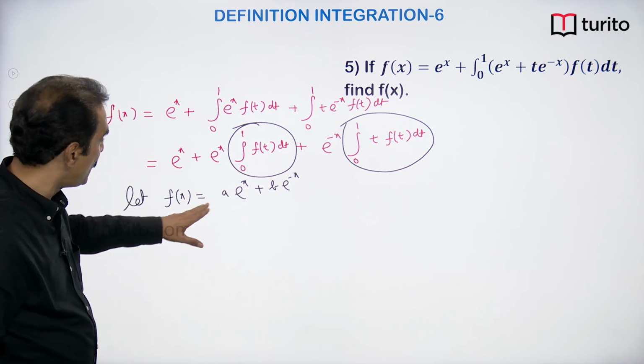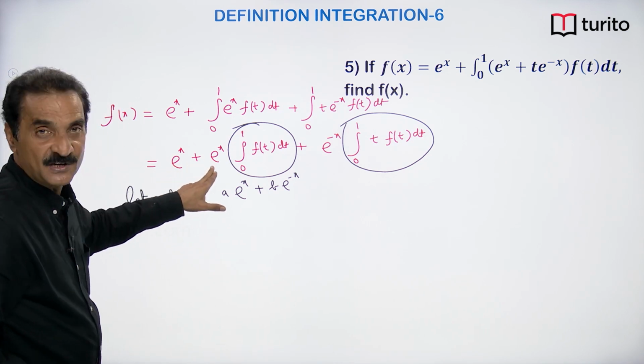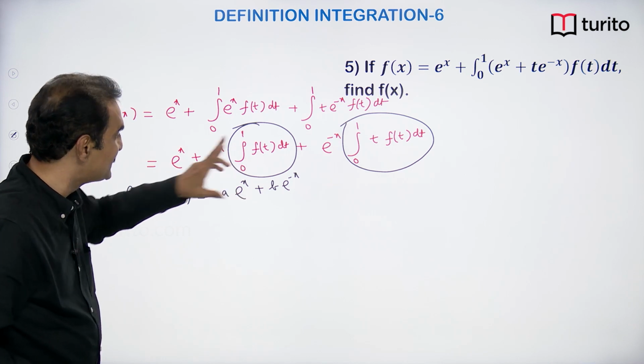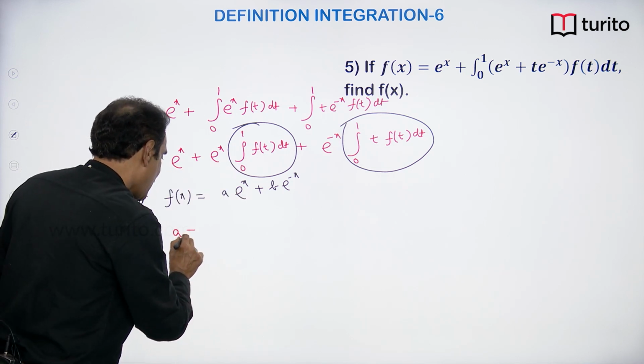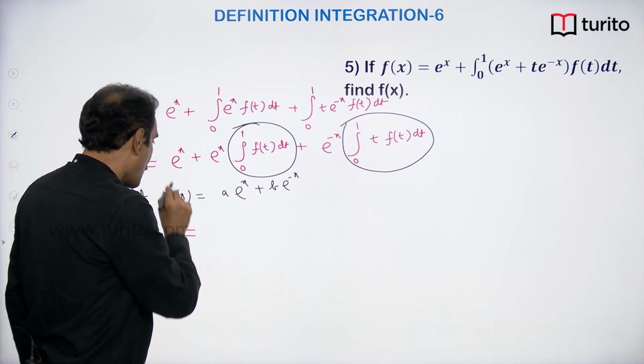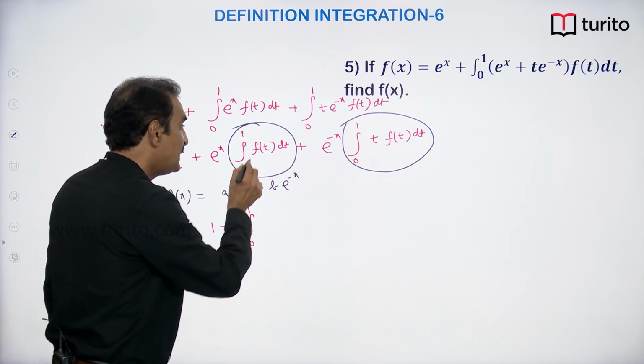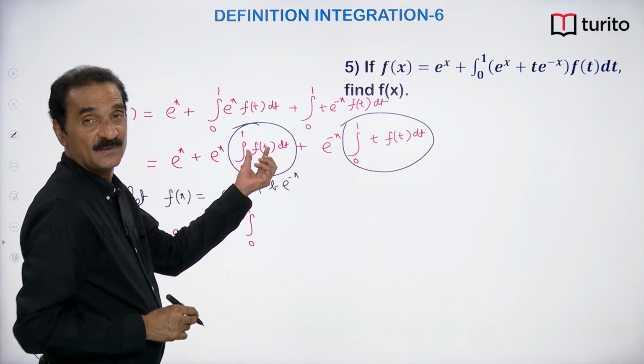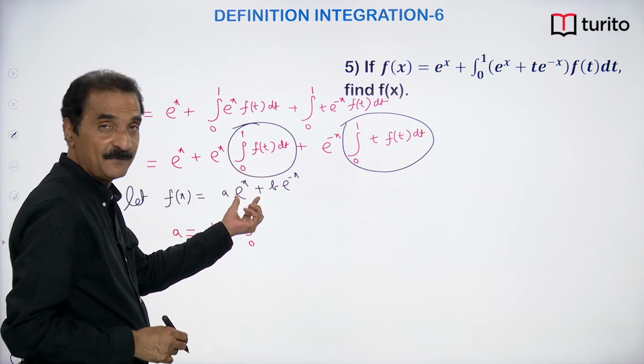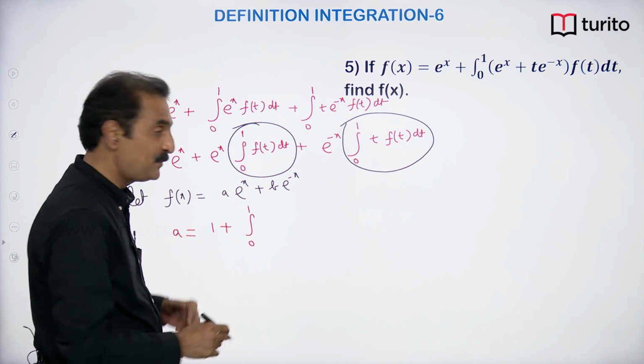Now then what is a? Coefficient of e power x, 1 plus this integral. a is equal to 1 plus integral 0 to 1 f of t dt. We can now take f of t as a e power t plus b e power minus t.